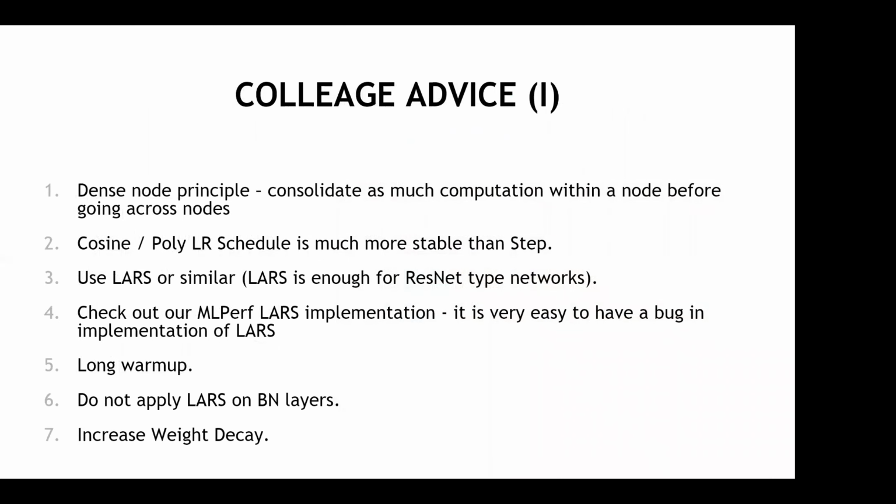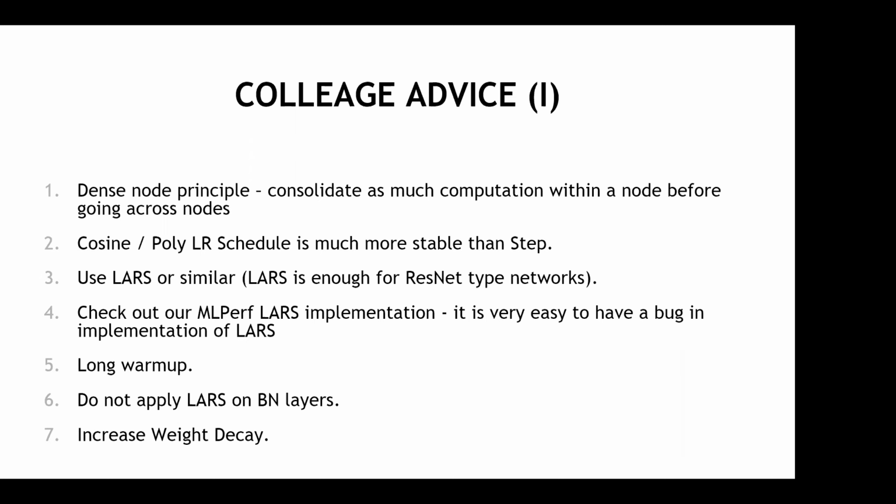I was asking my colleagues what are the best recipes they're using, and I got a couple of interesting pieces of advice. The first one is, if you have a more complex workload, make the density in the fewest number of systems as high as possible.